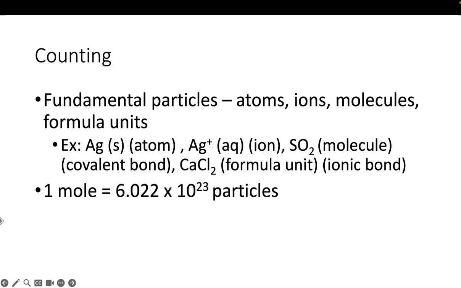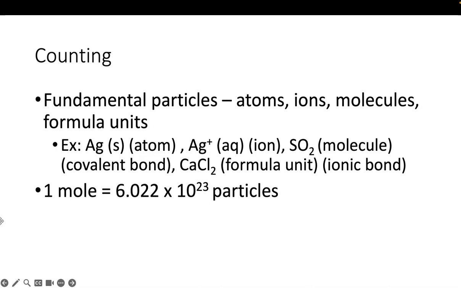It's a really small number. And so in order to have a measurable, non-negligible amount of stuff, we have to have a lot of it. And when we talk about having stuff, we're going to talk about particles.